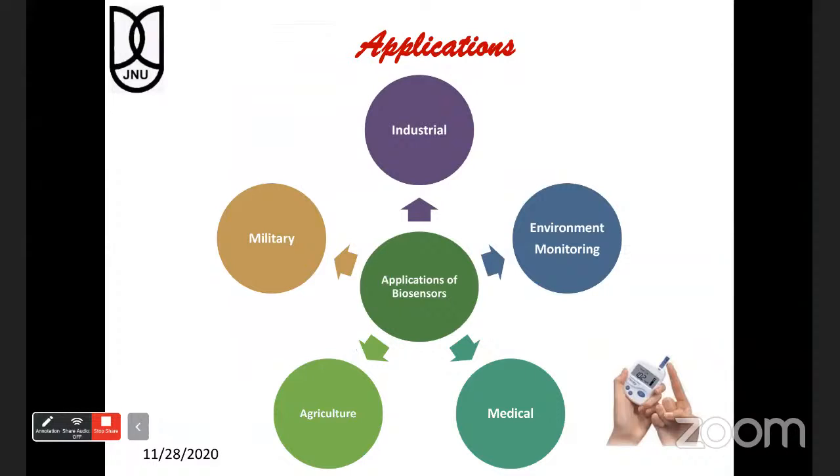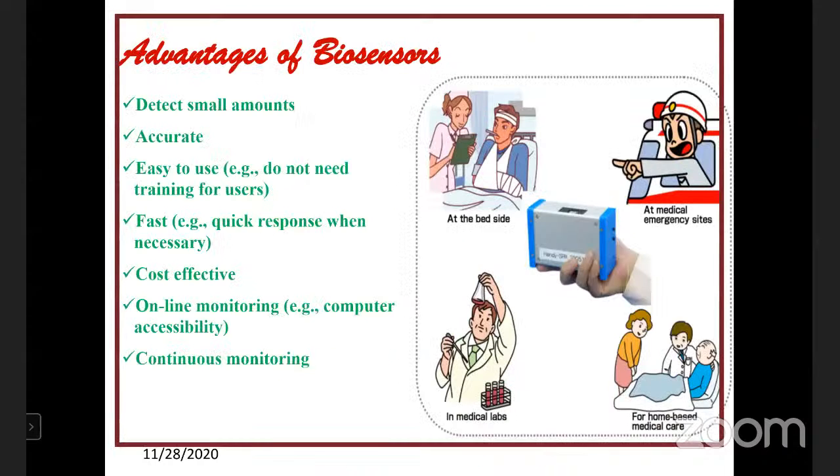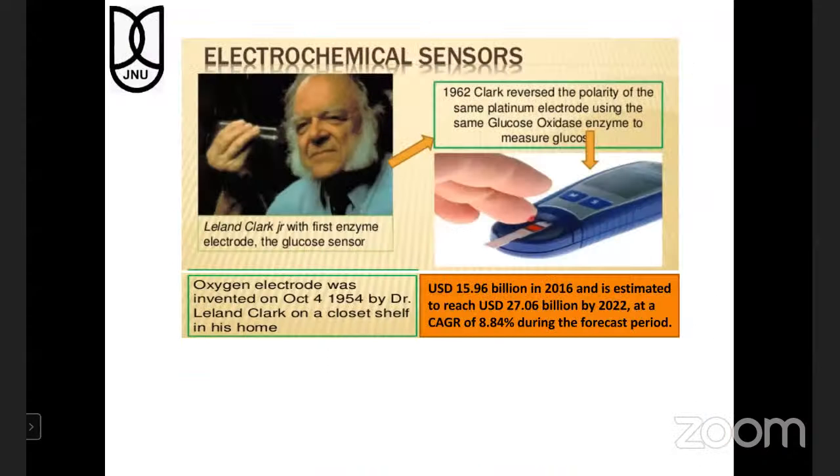So these are the wide applications of biosensors that can be used for fabrication of the different biosensors. Now, the advantages I have also discussed. This is the first electrochemical biosensor, which was fabricated in 1962 by Professor Clark for a glucose device.